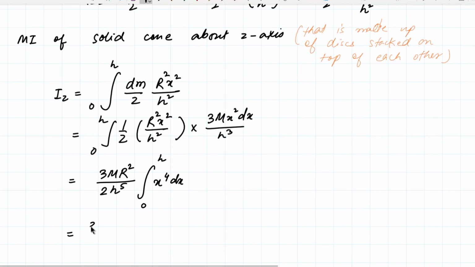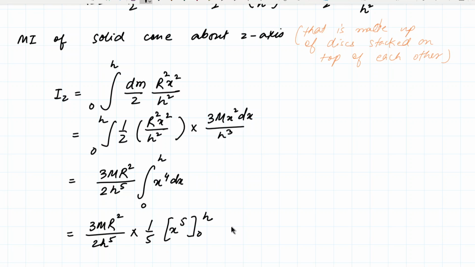So you just solve this integration: 3M R square upon 2h to the power 5, times 1 upon 5 x to the power 5 from 0 to h. This is equal to 3M R square upon 2h to the power 5 into h to the power 5 upon 5.